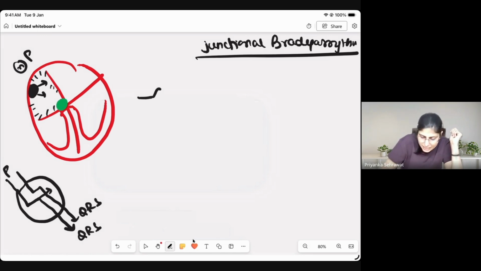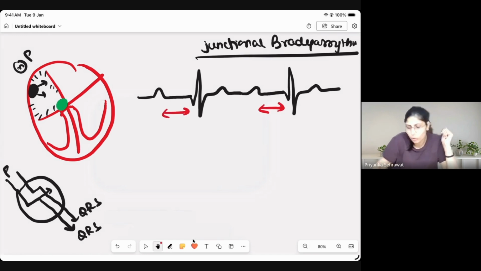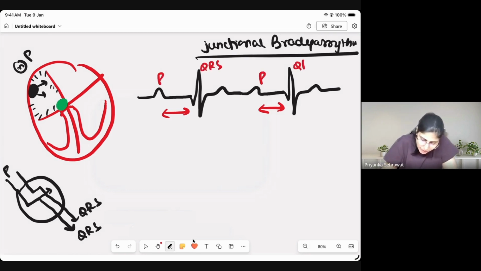So we get an ECG such as P, prolonged PR, normal QRS and T. Again, a P, prolonged PR, normal QRS and a T. So the PR interval is prolonged, equally prolonged in all of these, and all P waves are followed by QRS.